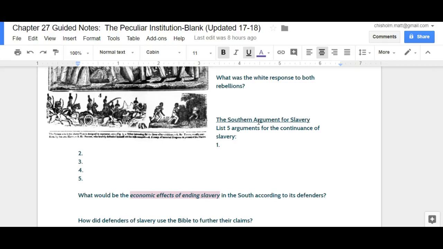It was so dependent on the slave system. If we don't have cotton, we don't have an economy, which makes the South a second-class region to the North, right? So this argument was already in place: we need slavery so that we can at least create some sort of economic viability compared with the North, okay?